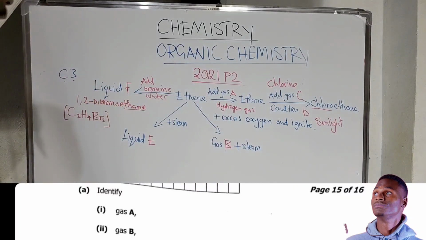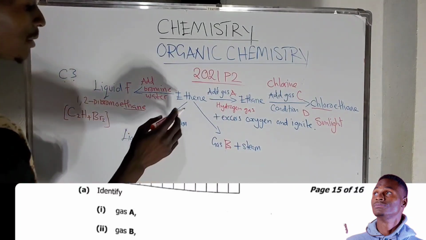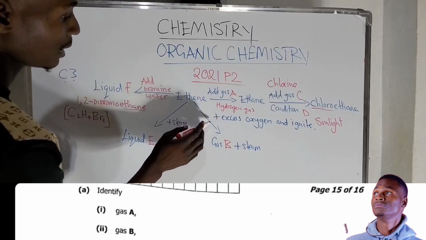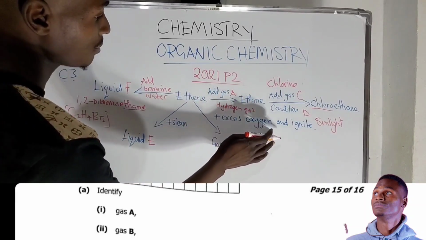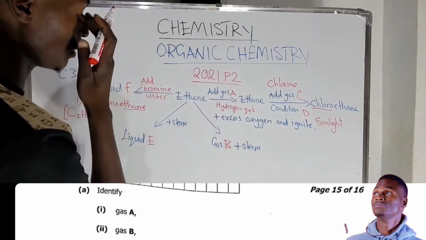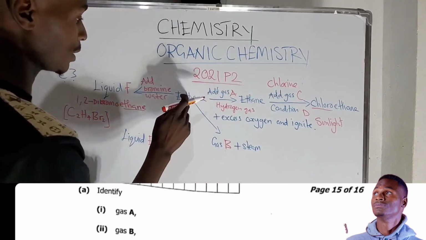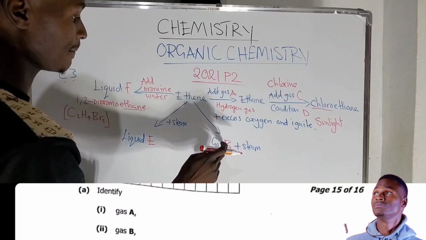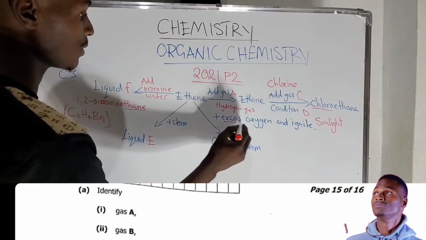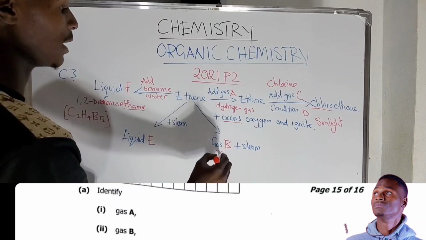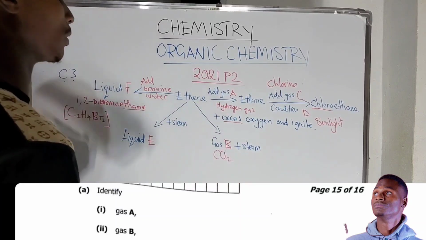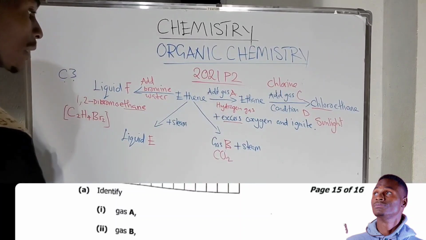Now when you come down here to ethene, when we add excess oxygen, this is burning, or combustion. Excess oxygen means complete combustion, and it is carbon dioxide that is produced in complete combustion.